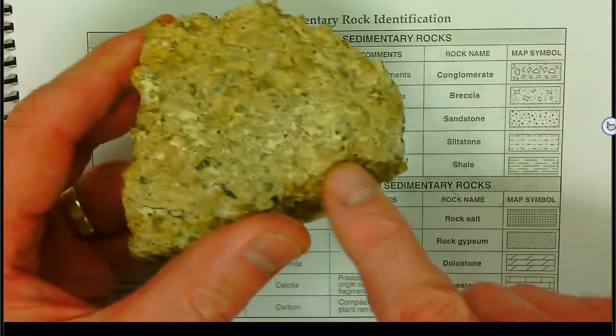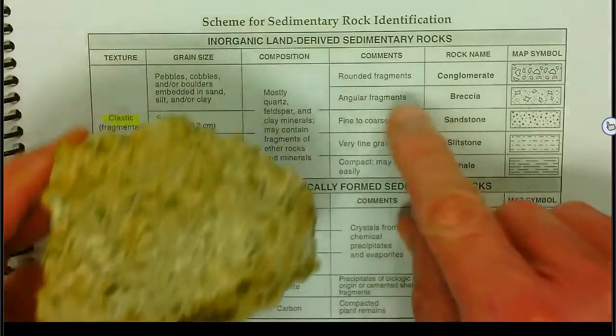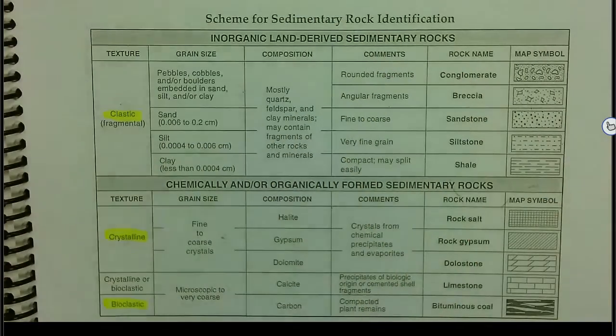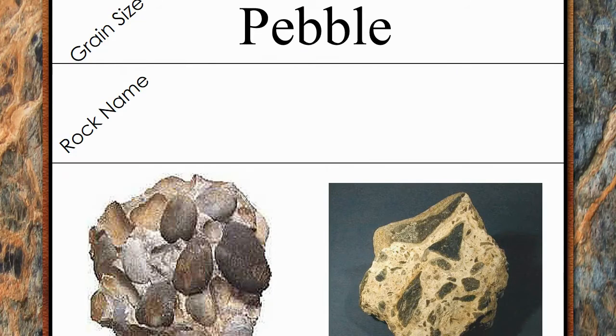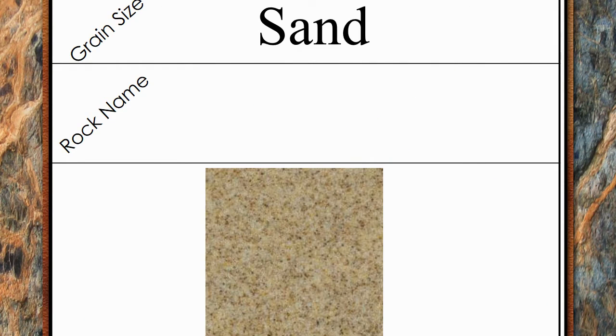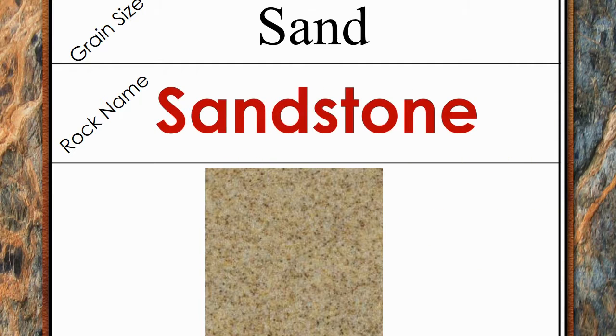If those pebble-sized pieces are angular, then we say it's a breccia. If it's rounded, we say it is a conglomerate. If those pieces that make up the rock are smaller than a pebble, if they're sand size, then we have a sandstone.